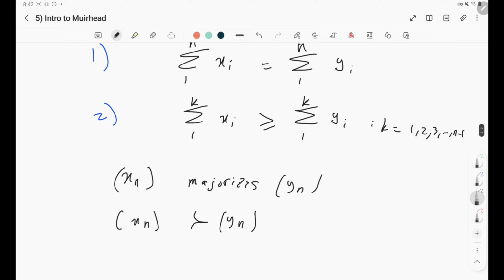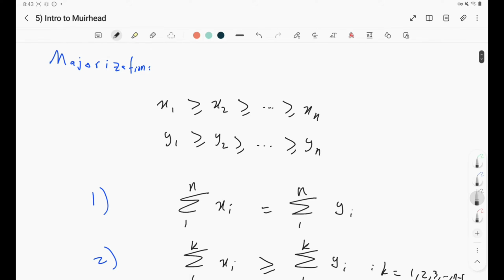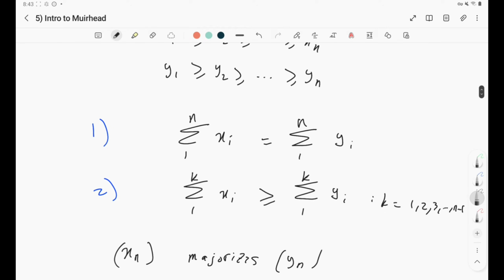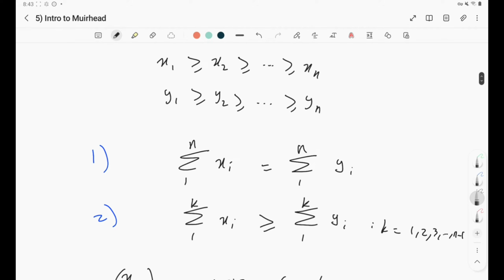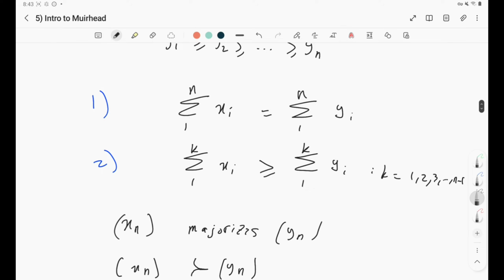If we have sequence xn majorizes sequence yn, that means having the two sequences sorted in decreasing order, the sum of the first terms of the first sequence is equal to the sum of the second sequence, and we also have this thing actually called the prefix sum. If you're familiar with programming, they use this idea, prefix sum, a lot.